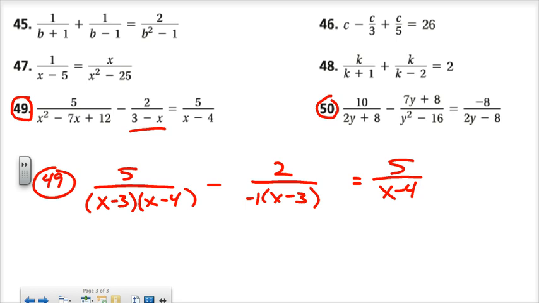So now I'm thinking LCD. Everything has to be there and to its highest power. I will have to have an x minus 3. I will have to have an x minus 4. And the negative 1, we don't necessarily have to bring that in as part of our denominator.